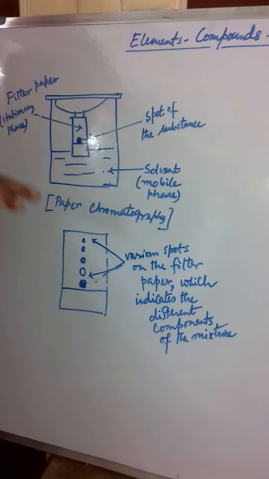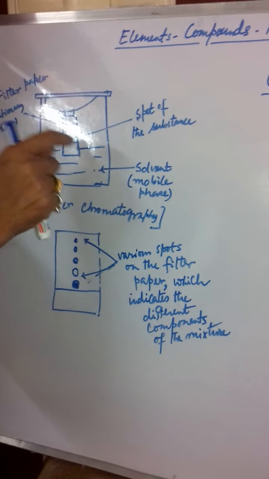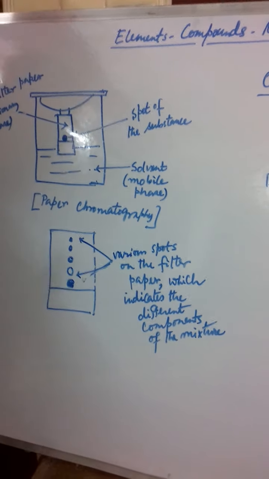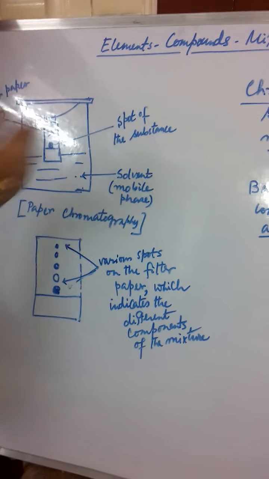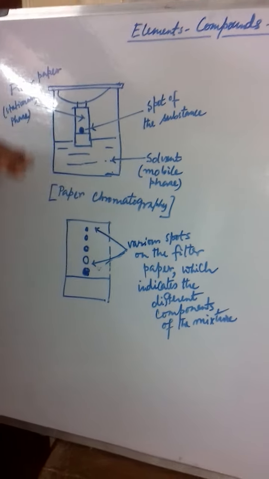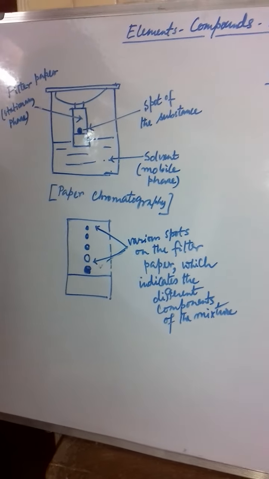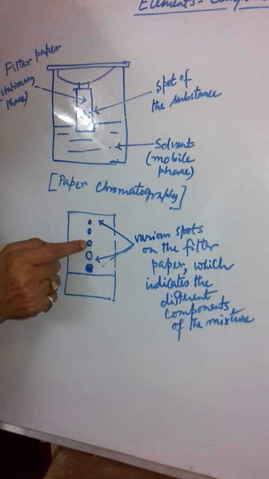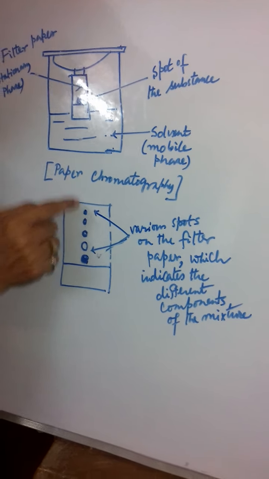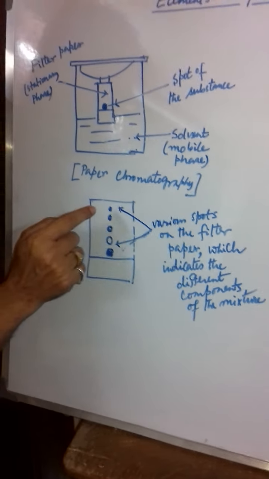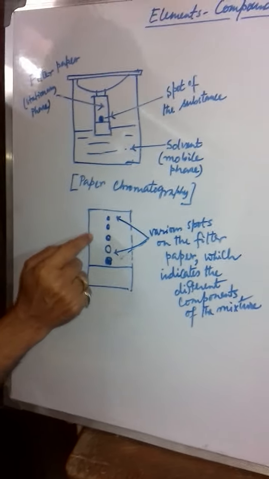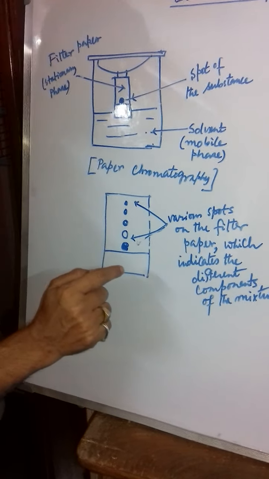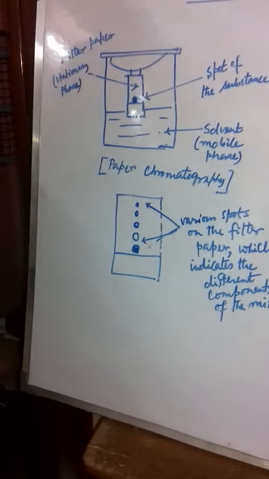Their rate of adsorption is different for that particular solvent, so when the solvent moves up, it takes away the different components of the mixture and makes different spots. These spots are the mark of identification of the different components present in that particular drop of ink. So here it is, paper chromatography.